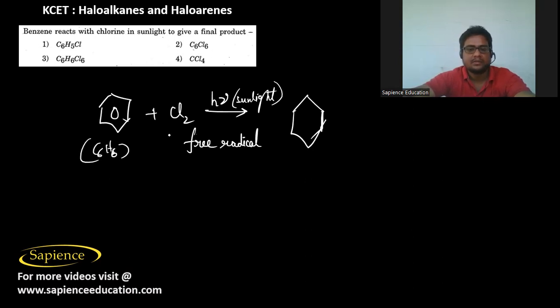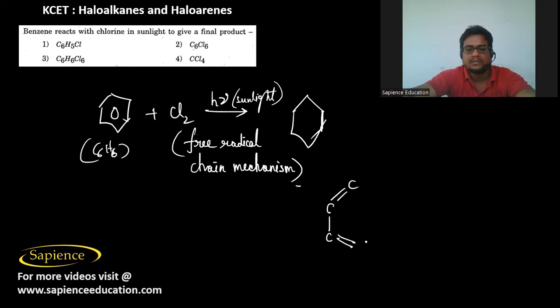So the chlorination of benzene will proceed through a free radical chain mechanism. It means that all the hydrogens, since as we know benzene has 6 hydrogens, C6H6, will be replaced with chlorine in 6 steps.